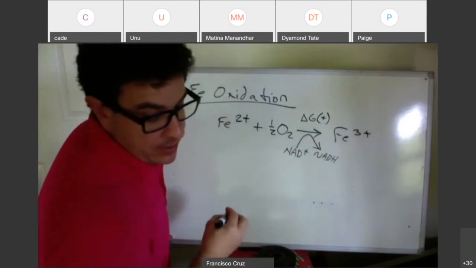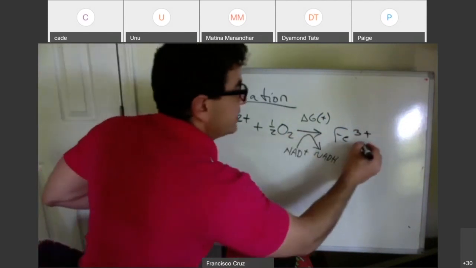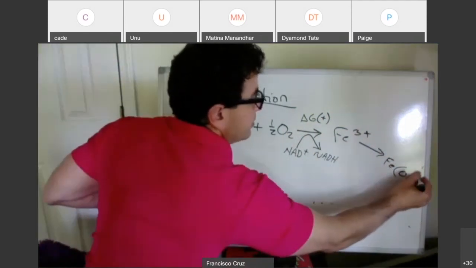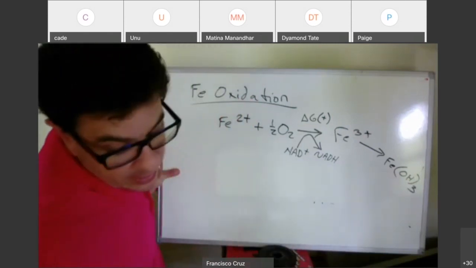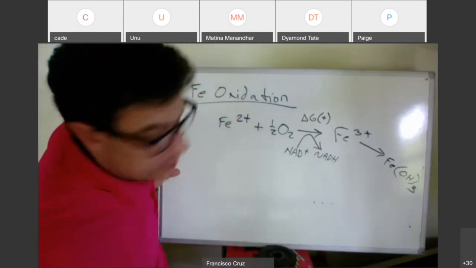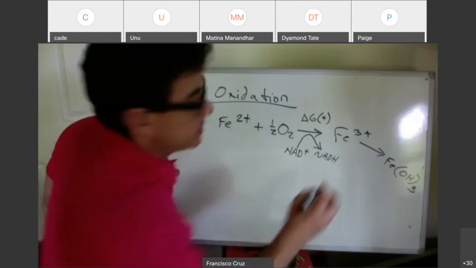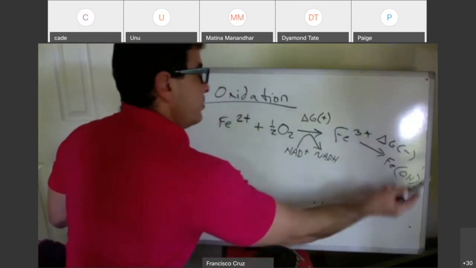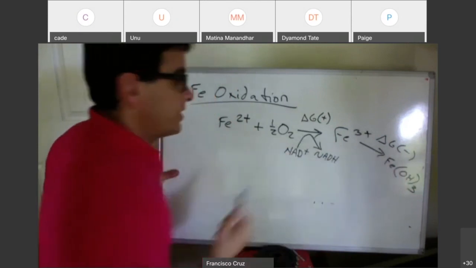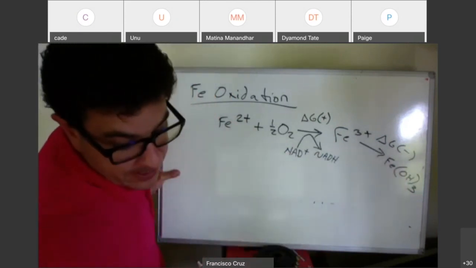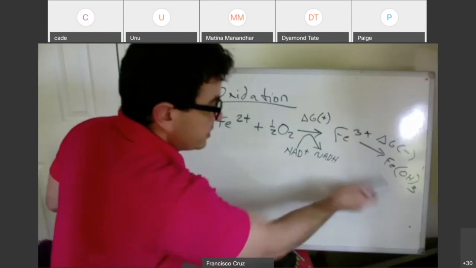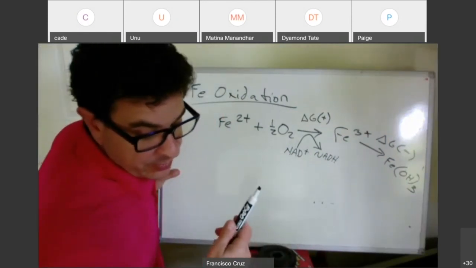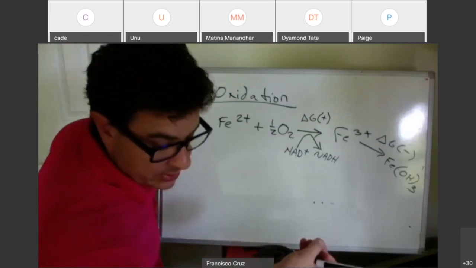And then as this goes into the ferric hydroxide, this is a delta G negative process. So this drives the whole thing, kind of pulls everything in that direction. And obviously there are 3 waters here. I don't feel like drawing them. So formation of the ferric hydroxide pulls iron oxidation favorably.